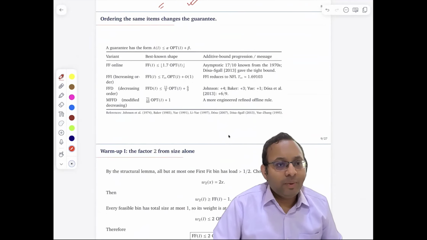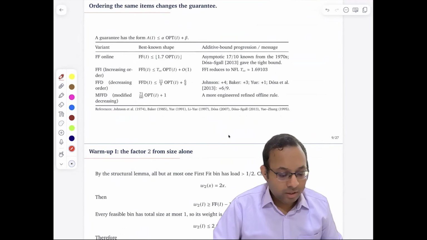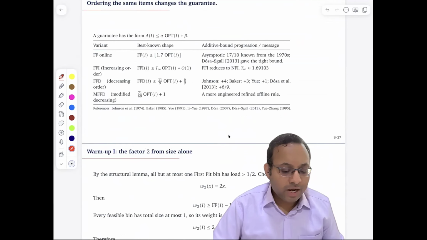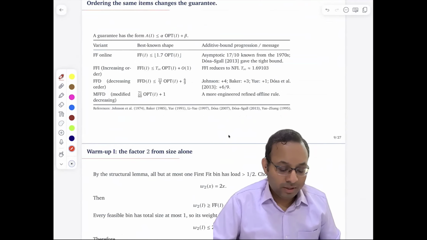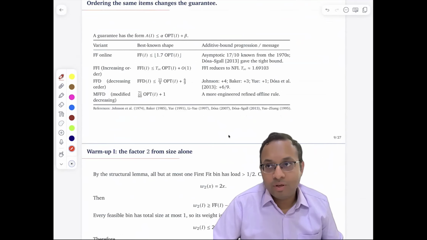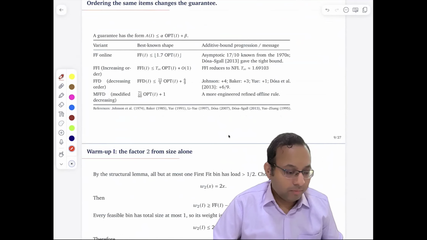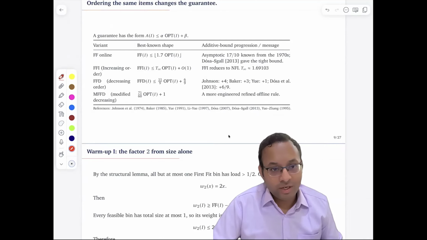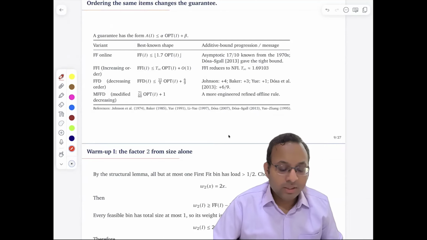Now, let me briefly mention that the ordering of the items changes the guarantees. The first fit algorithm was devised by people in the 1970s, like Turing award winner J. Ullman, and also David Johnson, Garey, and a lot of other people. They studied this algorithm in the late 70s, and they showed that there is a 17 by 10 asymptotic guarantee, which we'll also see in this proof.